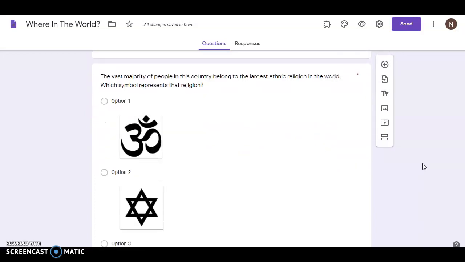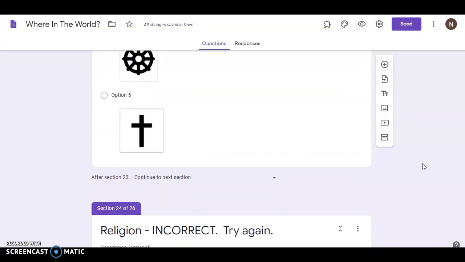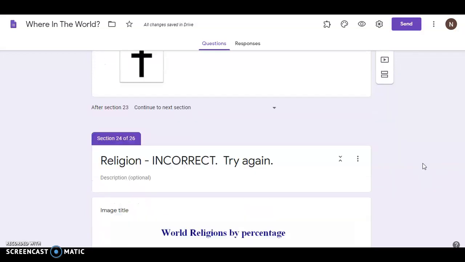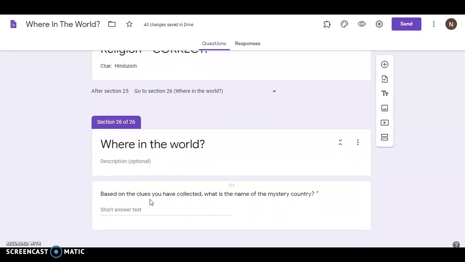And then the religion question, the answer was Hinduism. And so everything put together with a large population and the religion and the language, then hopefully at the end they were able to tell me, based on the clues that they have collected, what was the name of the mystery country. They would type in the answer, and in case you were trying to figure it out, yes, the answer is India.